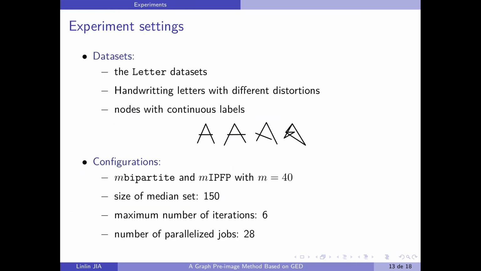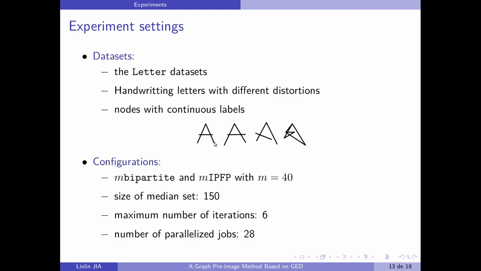Next, we conduct experiments to test our method. The Letter dataset is used. This is a dataset of handwritten letters with different distortions. The nodes of these letters have non-symbolic labels, which are the coordinates.